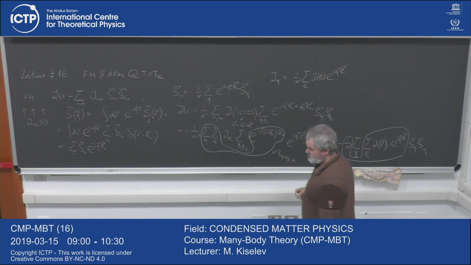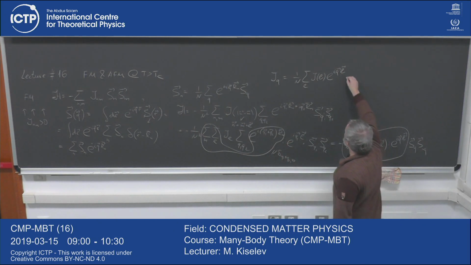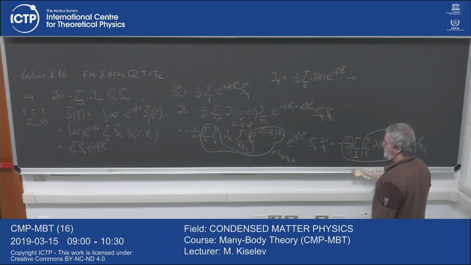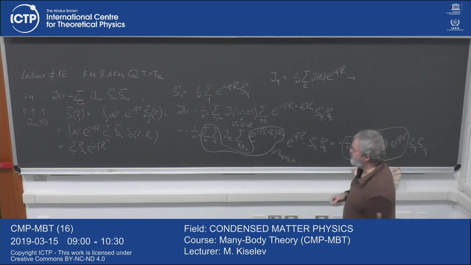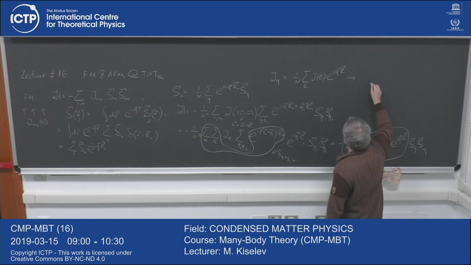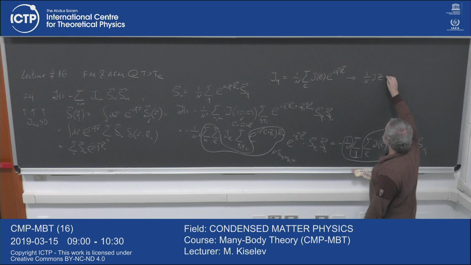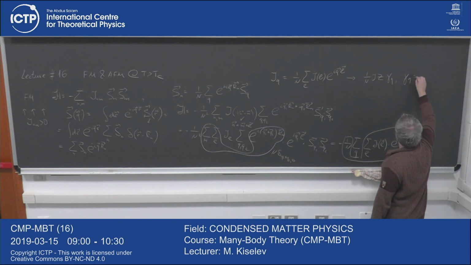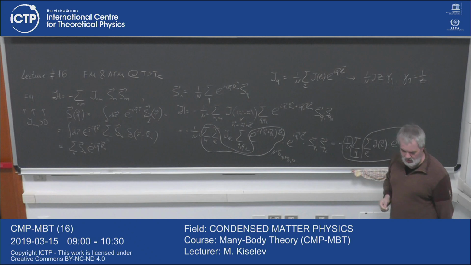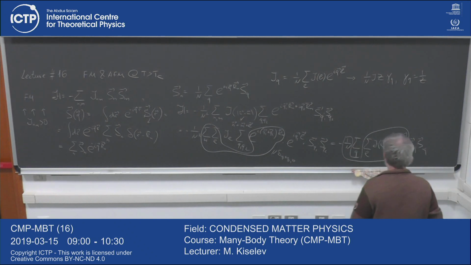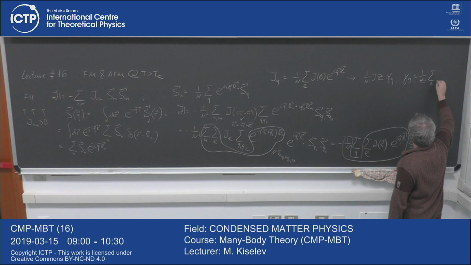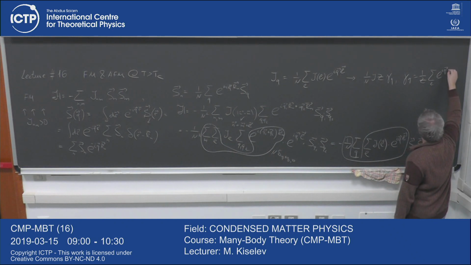And coming back to previous notations, if I have interaction between nearest neighbors, so l assumes summation over nearest neighbors, I will say that this is 1 over N times J times z times gamma_q, where gamma_q is 1 over z, z being the coordination number, which is the number of nearest neighbors, sum over l of e to the power i q l.